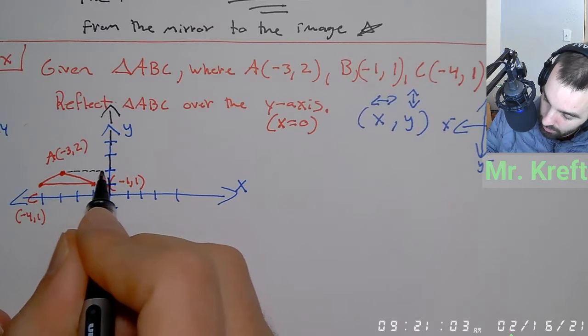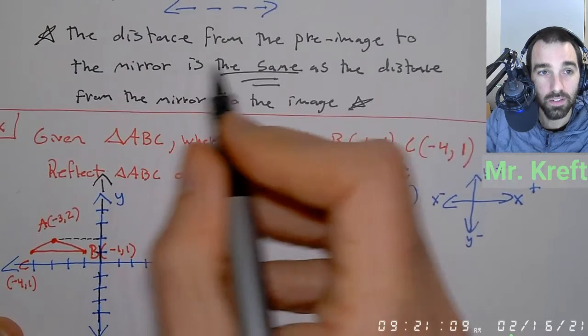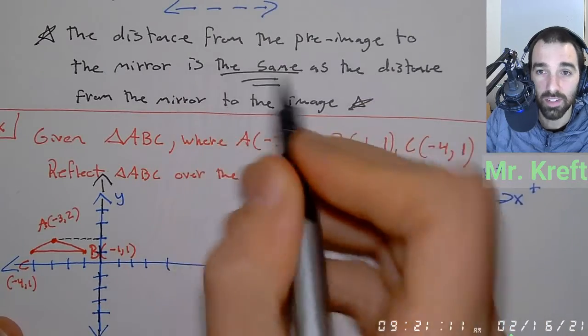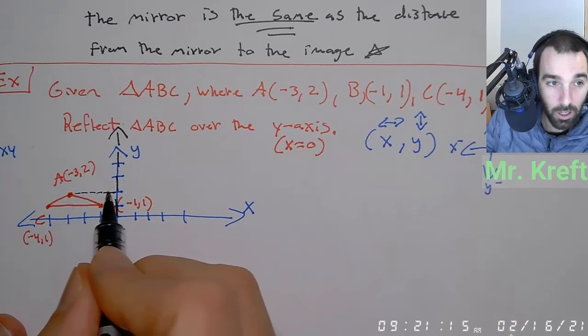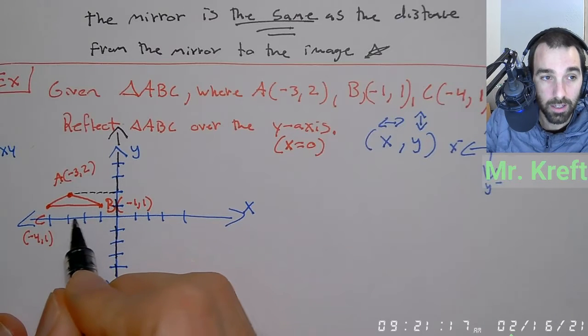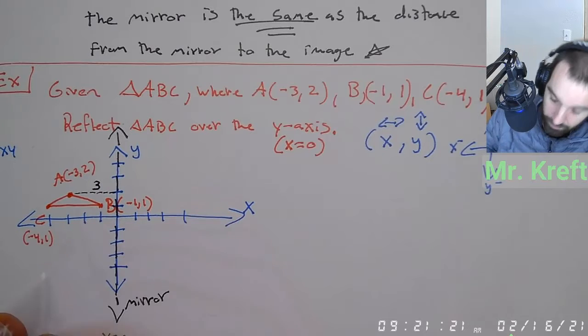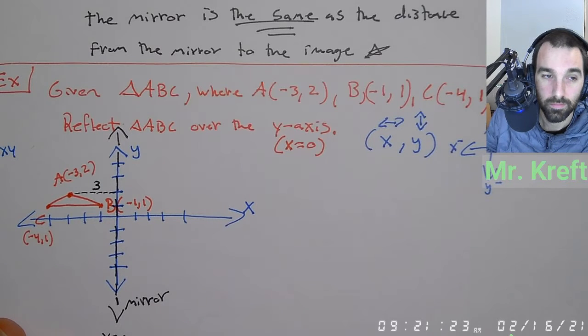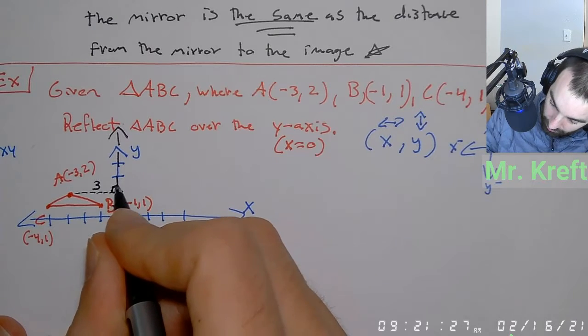So what we're going to do is find the distance between this point and the mirror. And that's what this was saying: the distance from the pre-image to the mirror is the same. So we just have to find that distance. If I'm at A, how far away am I from this mirror? I am 1, 2, 3 away. You guys can see we're always finding our perpendicular distance.